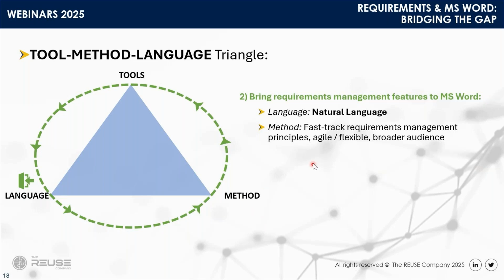The method here is a fast-tracked requirements management application of standard principles, as I was mentioning: rules that you will follow to write the requirements, attributes management, change management workflows, etc. A broader audience is also permitted by this method. And the tool here would be MS Word powered by the SES Engineering Studio add-in.